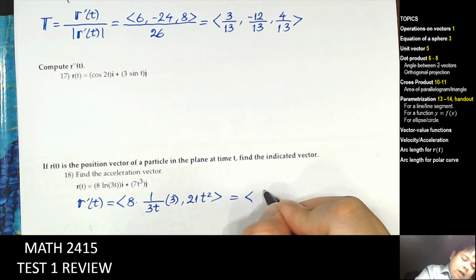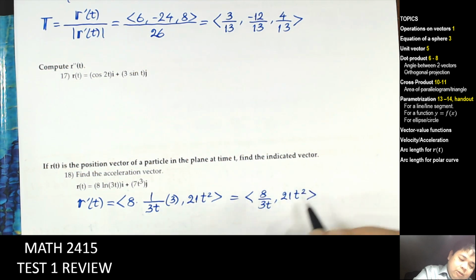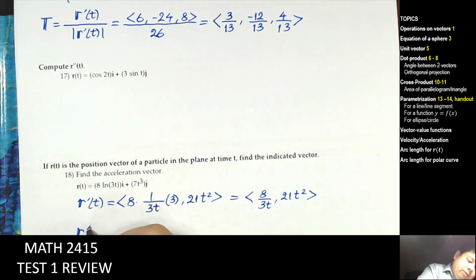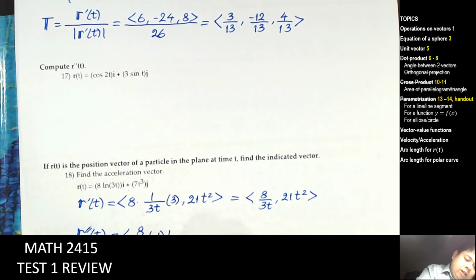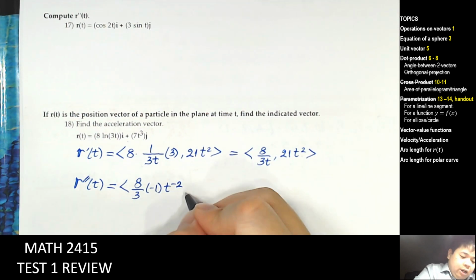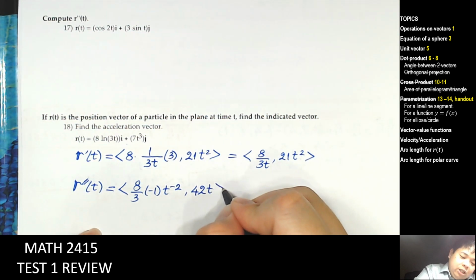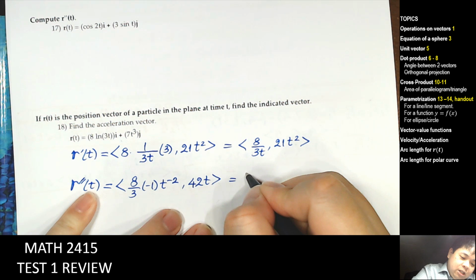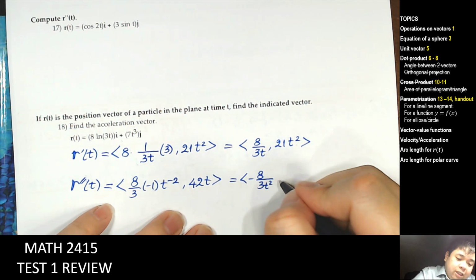So that is 8 over 3t, 21t squared. The second derivative: that's like t to the negative 1, so we have 8 over 3, negative 1, t to the negative 2, and 21t squared gives 42t when we take the derivative. So that is negative 8 over 3t squared, and then 42t.